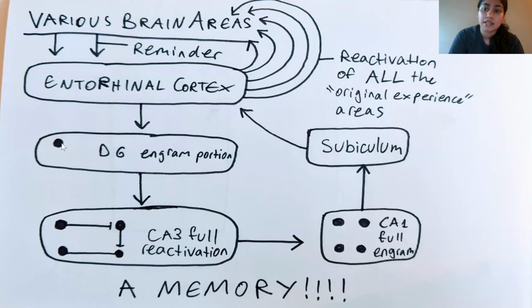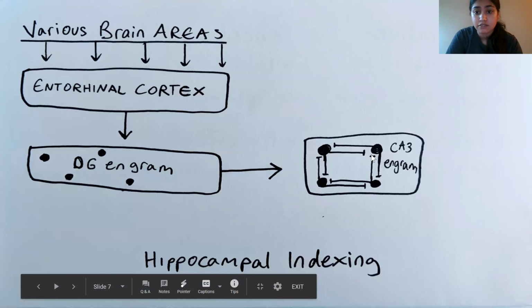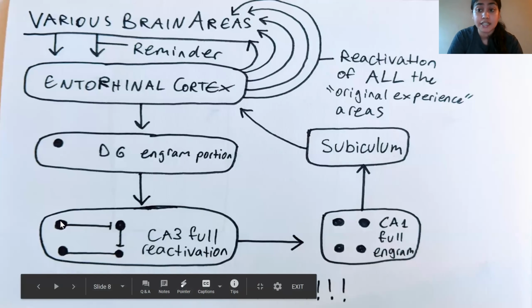Then that tiny portion of the engram activates a tiny portion of the CA3 engram. But then again, remember, because of all of these interconnections in CA3, if just a tiny portion of it is reactivating, then the entire CA3 engram is going to reactivate.